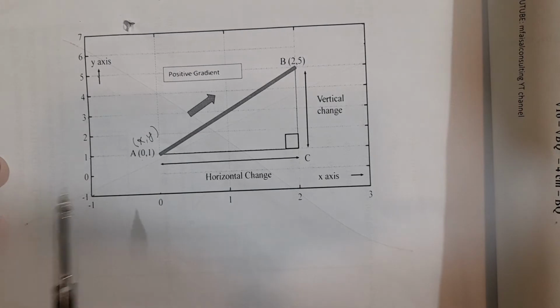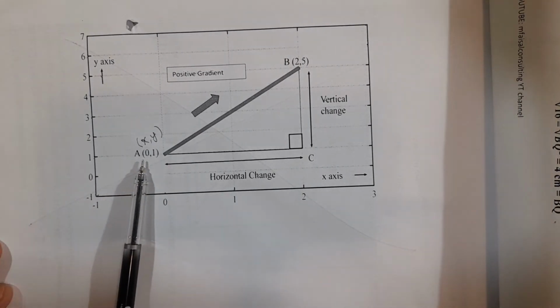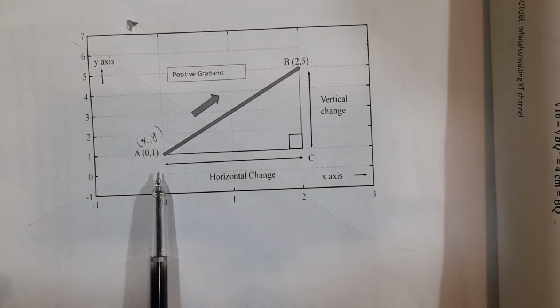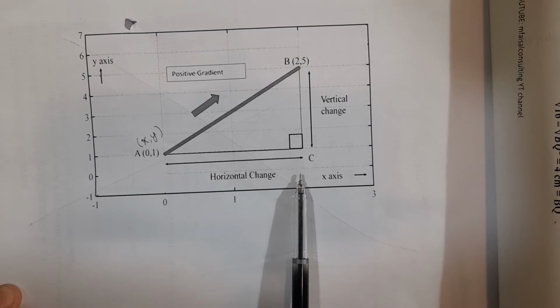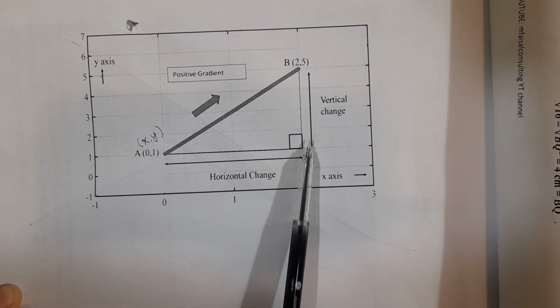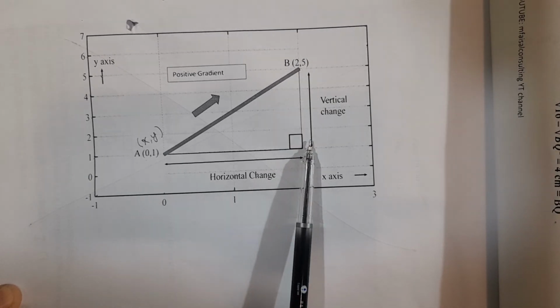Now in this diagram it will be clearer. This is point A, having coordinates 0 and 1 in the graph. This is the horizontal change axis, the x-axis, the run axis. This is the vertical change axis, the y-axis, the rise axis.